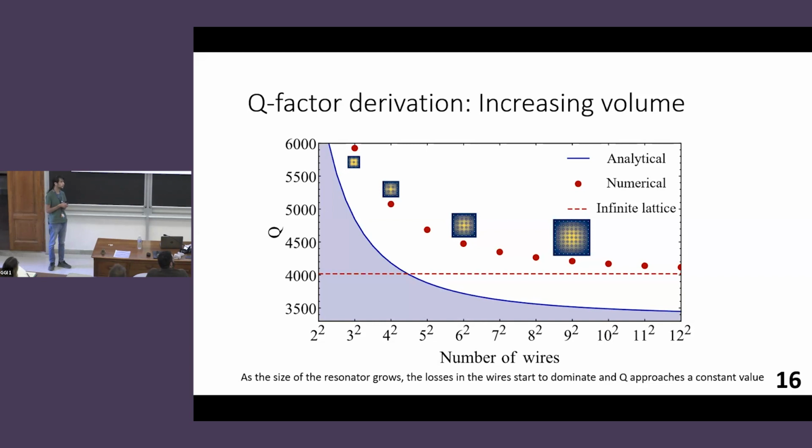However, they also tend to reach some plateauing value, some constant, which is typically around several thousand. So we do lose like an order of magnitude compared to traditional cavities, but this does bode well in terms of sensitivity.